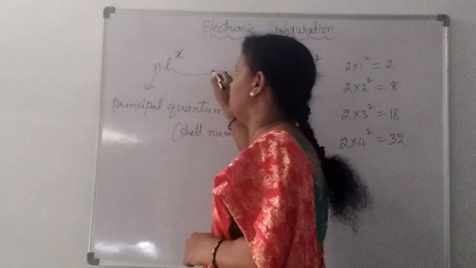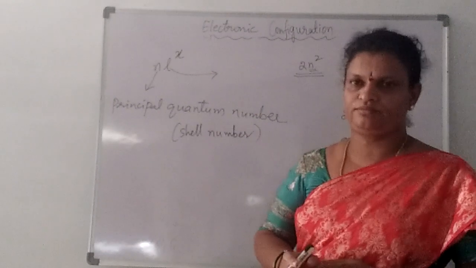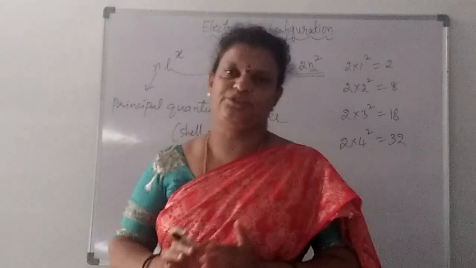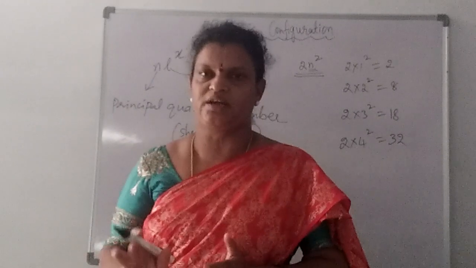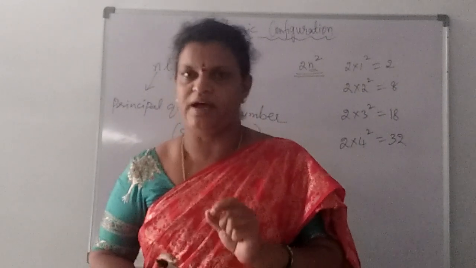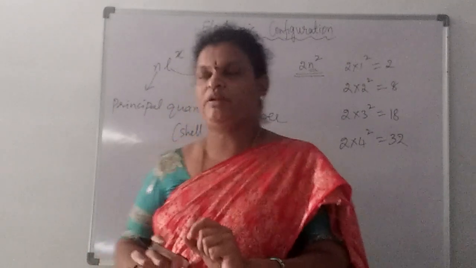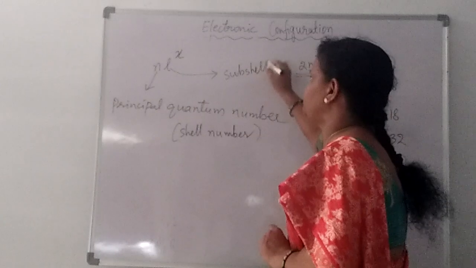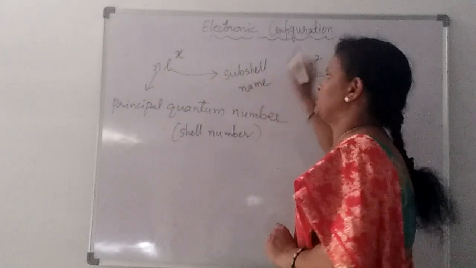Then what about this L? L is nothing but the azimuthal quantum number, the value of the subshell. Means we will not write the value here. We will write the subshell name, based on the azimuthal quantum number value. So here I am writing the name of the subshell.